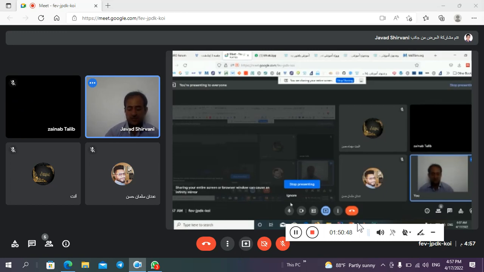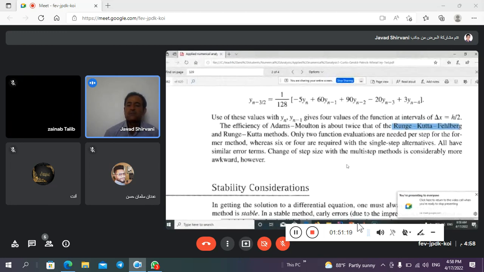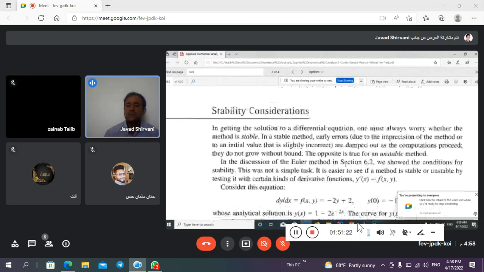And if this amount of error did not become infinite in many big iterations or thousands of steps, we can say that this algorithm is stable, and otherwise the algorithm is unstable.